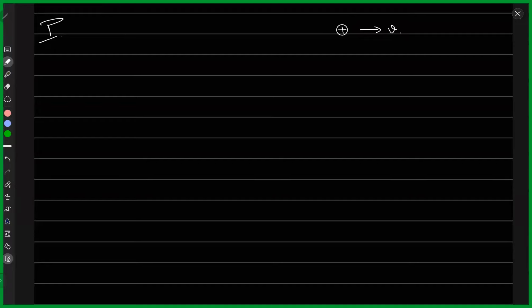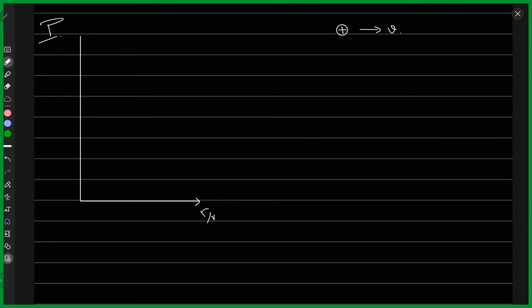Now I'm going to give you a graph that shows how its electric potential varies with position for this positively charged proton. So here I have R, which is in meters.